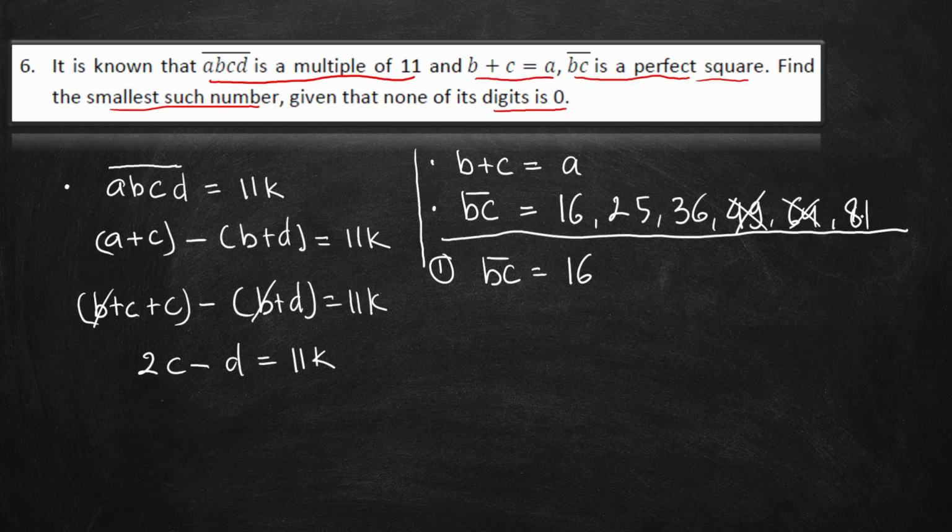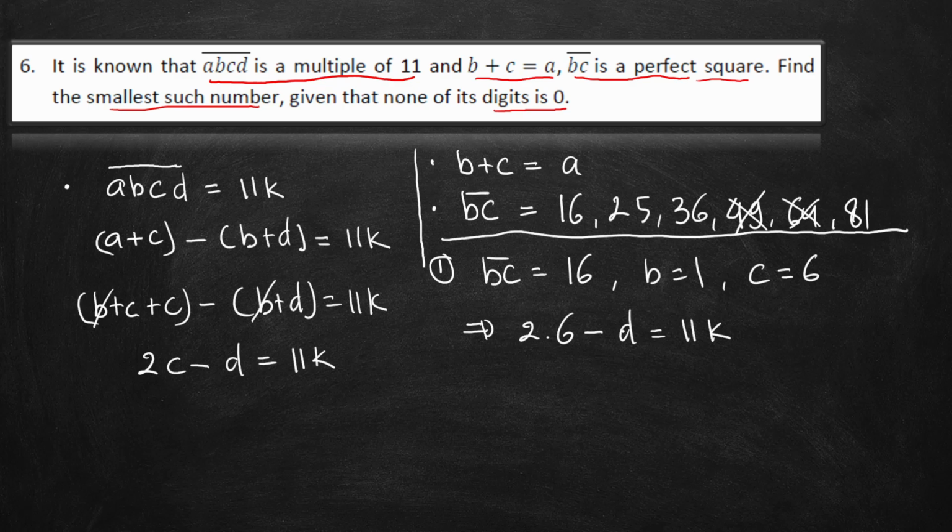Same thing with 81. So if BC equals 16, then we have B equals 1, C equals 6, and then we substitute these values into the first equation: 2 times C, which is 6, minus D equals 11K.